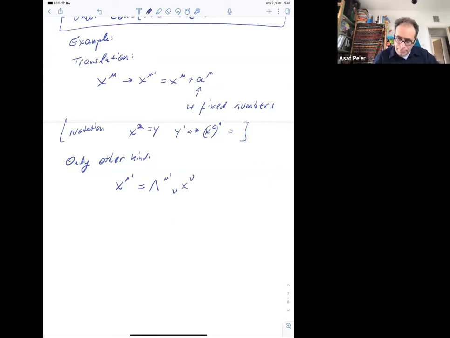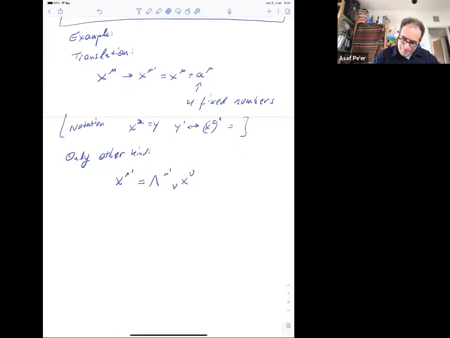Again, lambda nu prime, there is a space here. The nu is after the nu prime. It's not below it. Again, this is not the same as this.